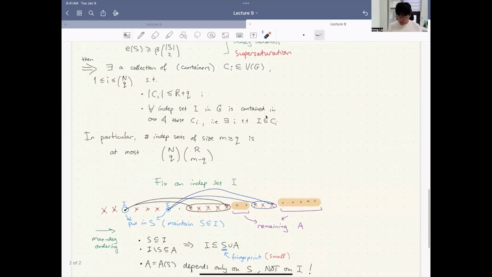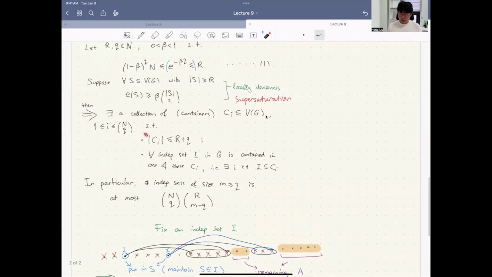Okay. The consequence of this container theorem is, how can we then count independent sets of size M? Well, we first choose a fingerprint of size Q, for which we just use the crude bound.